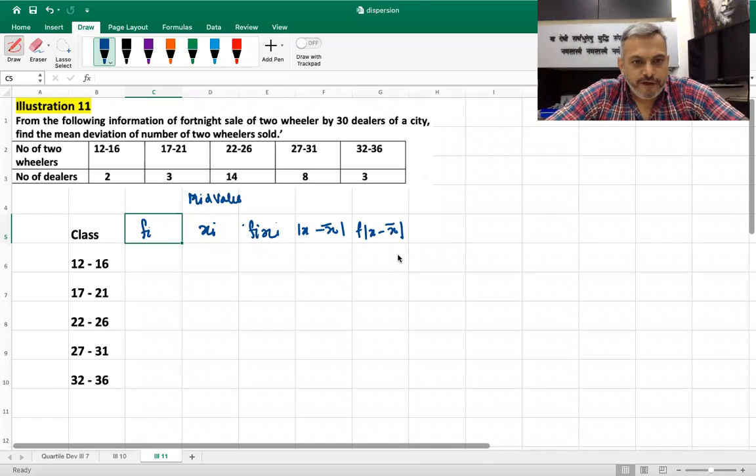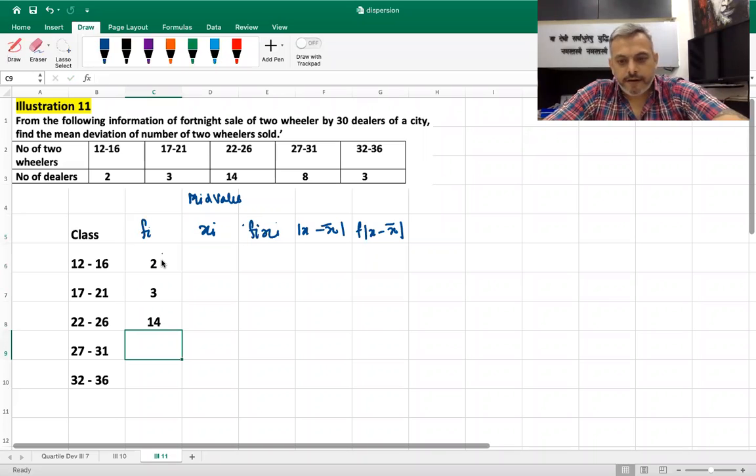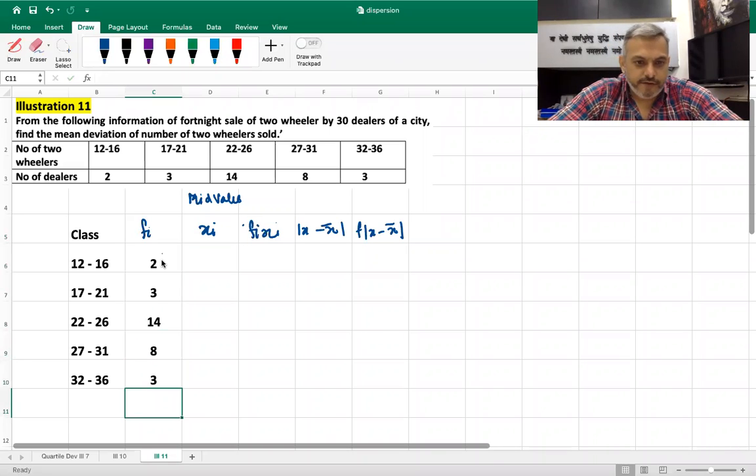Now the frequencies are 2, 3, 14, 8, and 3. So the total comes to 30.